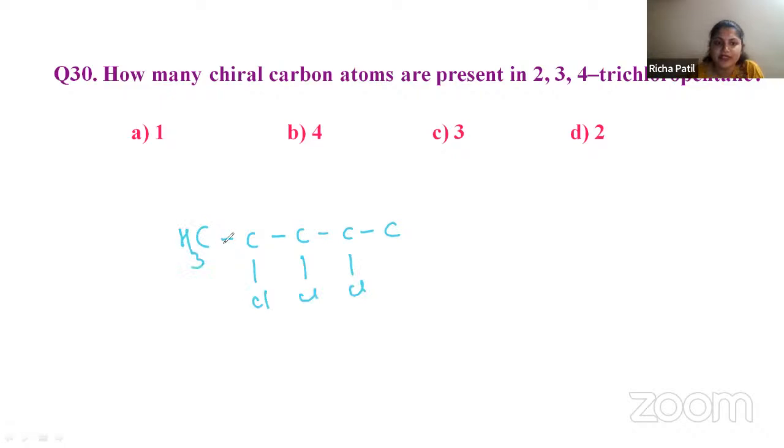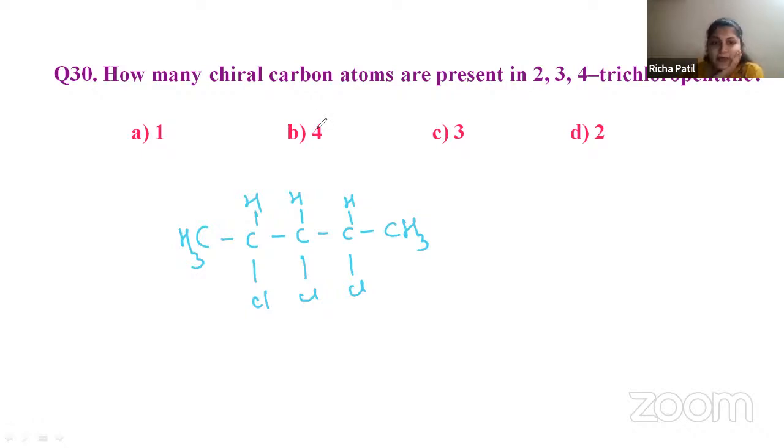Then this will be CH3, this will be CH3, and the rest will be H. Tell me how many chiral carbons they have. Let me see who has answered it correctly. Yes, many have answered C. C is the correct answer.